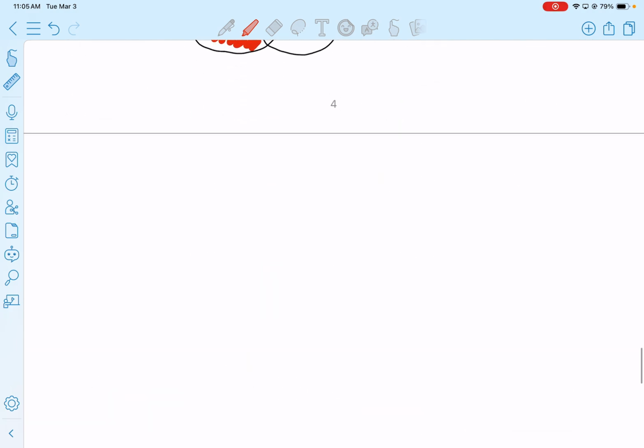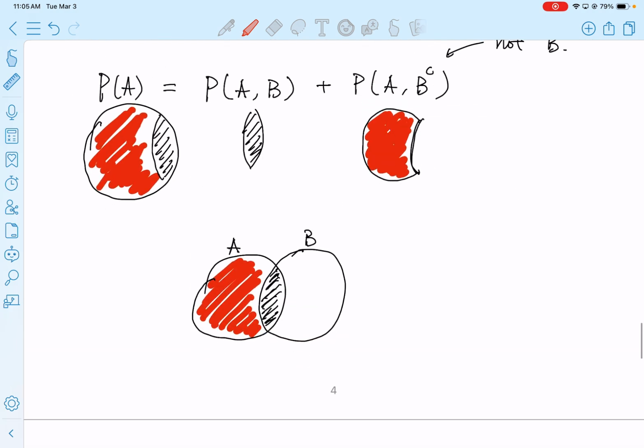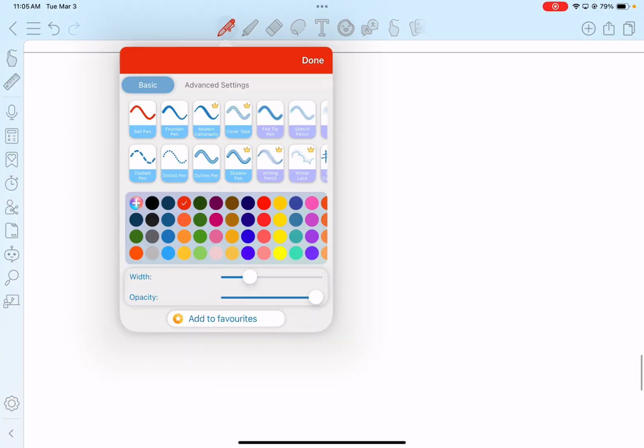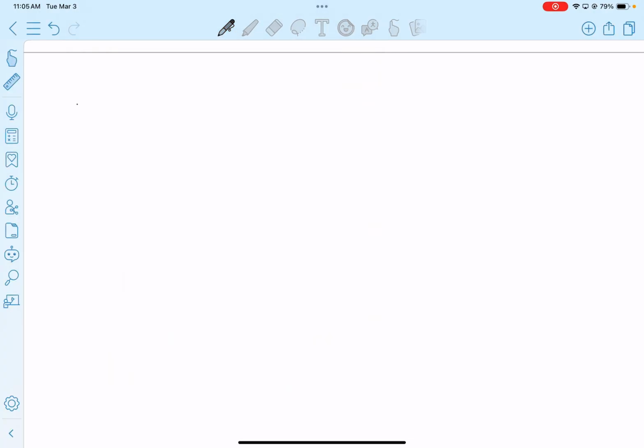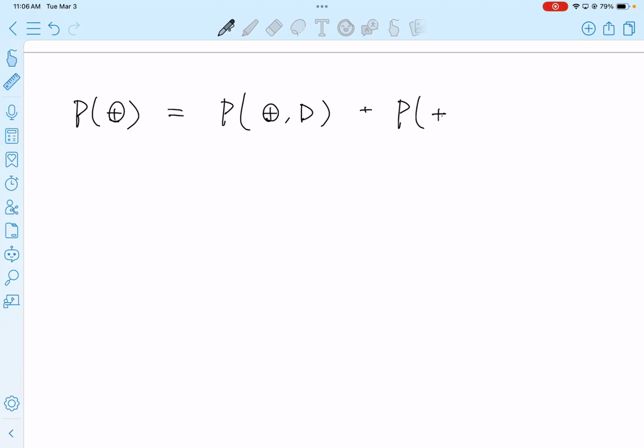Okay, so now using the idea of the total probability, let's see if we are able to obtain the denominator. So P of the plus, using that, is equal to P of the plus and disease, plus P of the plus, no disease.